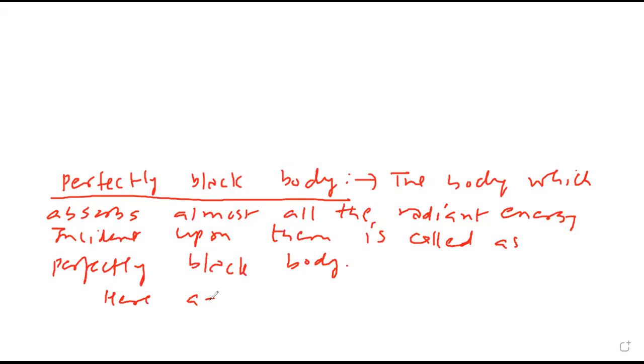Here A is 1, R is 0, T is 0. So a perfectly black body means it will only absorb; it won't reflect, it won't transmit.